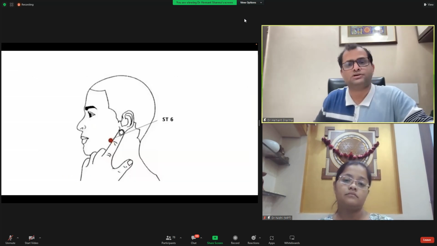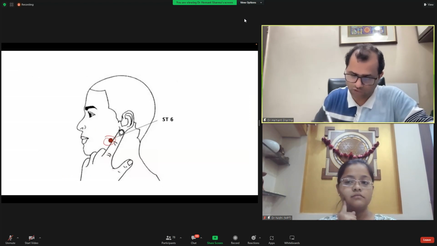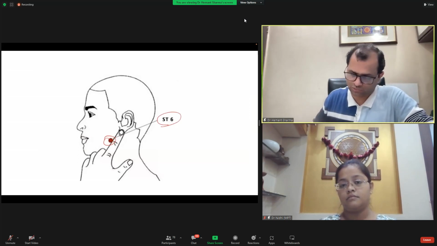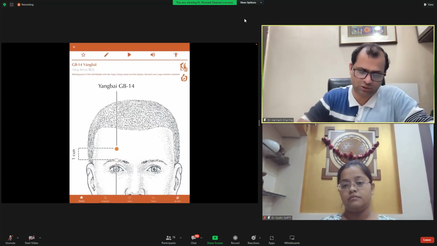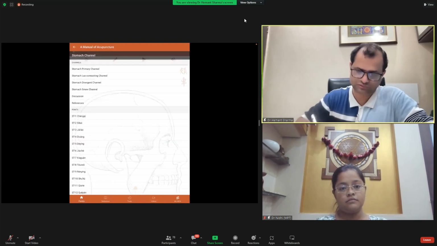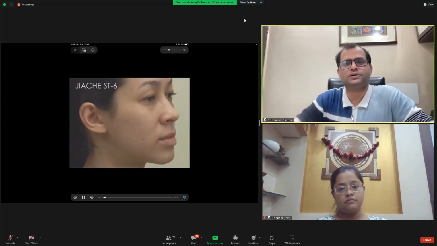Look at the other image. You can see this is the location of stomach 6. So I would like to show you the location in the other image. Stomach 6. Look at here.